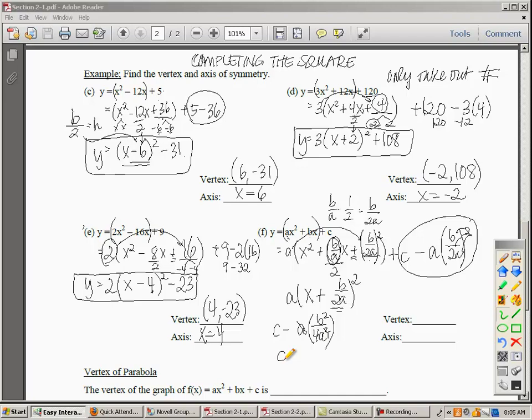So I really have c minus b squared over 4a. And so this is the value that I'm going to add over here, plus c minus b squared over 4a.